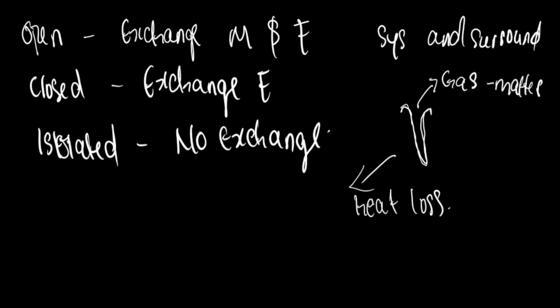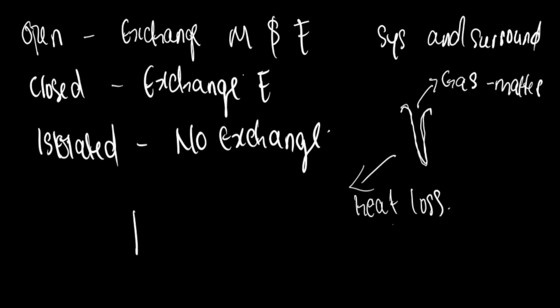Now we can see that in this particular system, which is a test tube, there is an exchange of matter. So the test tube is giving out matter to the surrounding, and there's also an exchange of energy in the form of heat. So the test tube, which is the system, is giving out heat to the surrounding. So we can see that there's an exchange of both matter as well as energy.